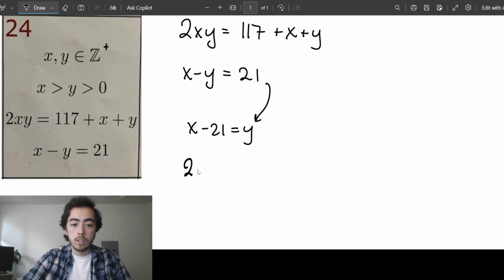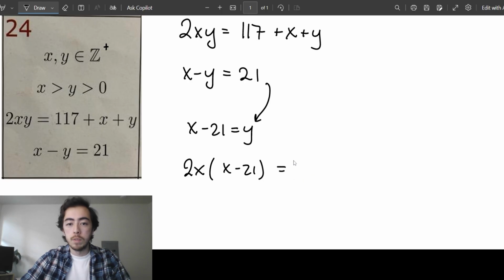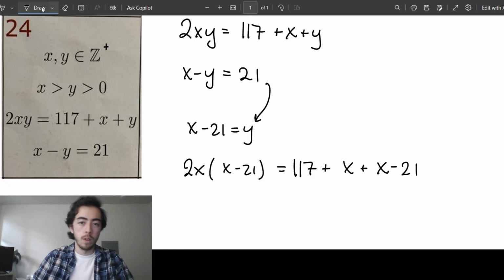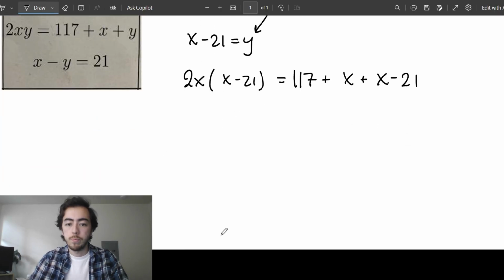So we can go 2x times x minus 21. That's going to be equal to 117 plus x plus, and then another y, but that's just x minus 21. Usually we should put parentheses around here, but if I'm just adding the x and the negative 21, I know that I don't need those parentheses to group those anymore.